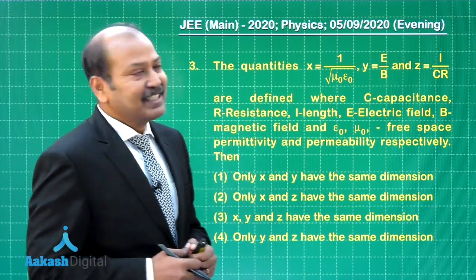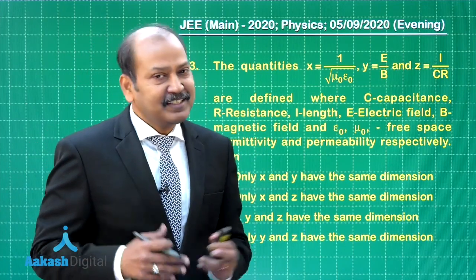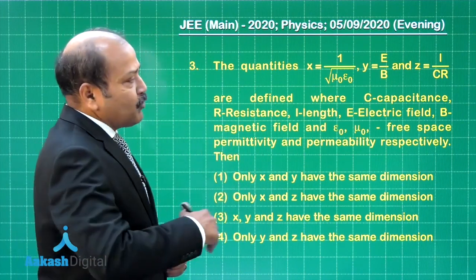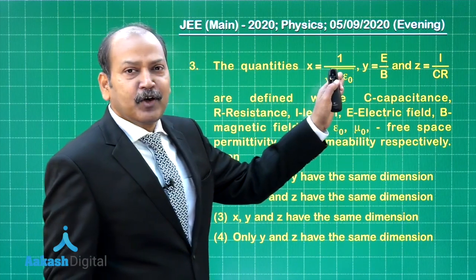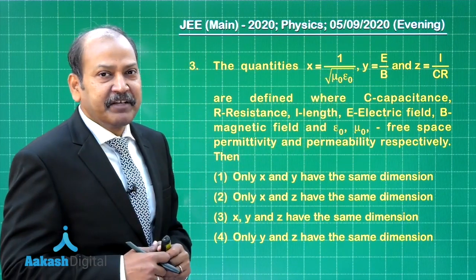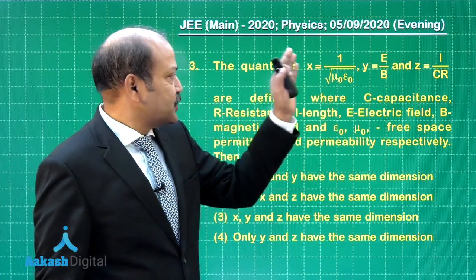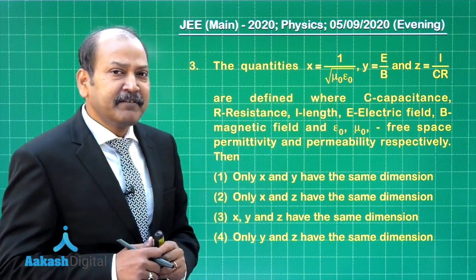Well, we can say that the question is from the topic units and measurement, it is about dimensions, but this quantity we come across in the topic electromagnetic waves, we know that this is in fact equal to the speed of light in vacuum. So, x is the speed of light in vacuum.